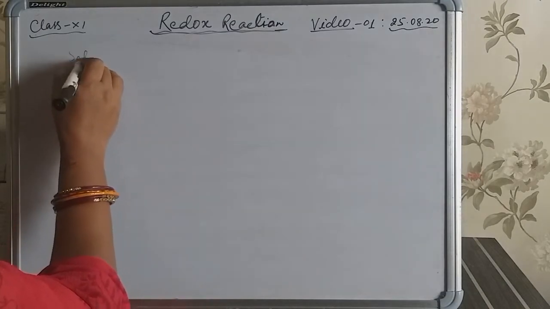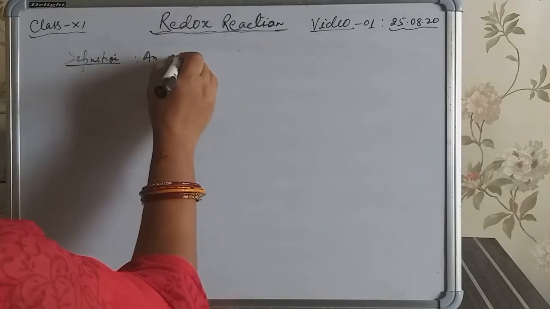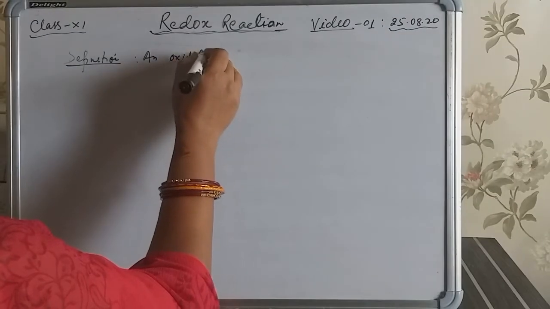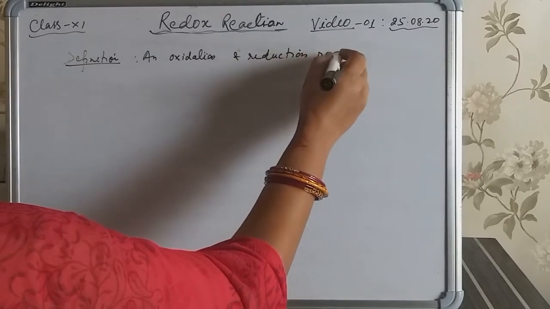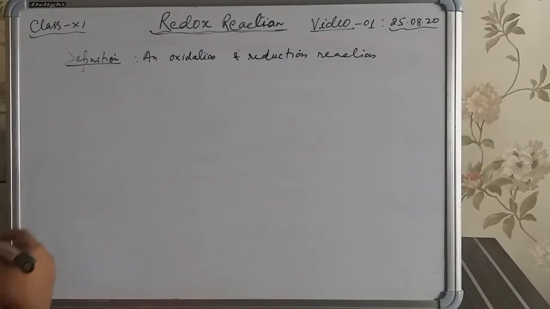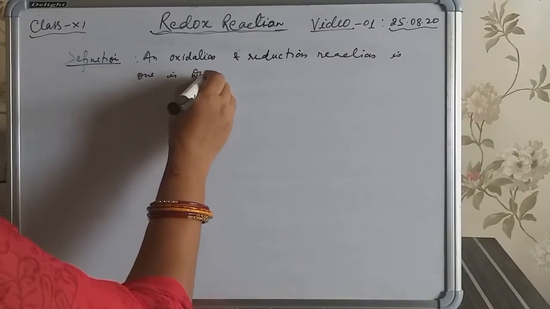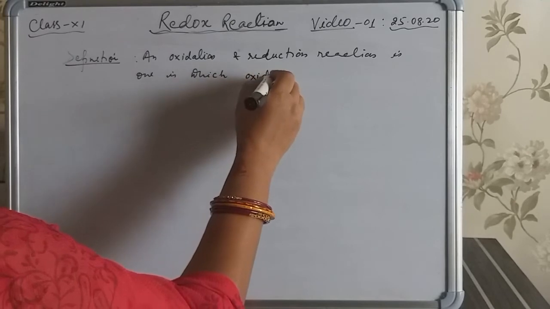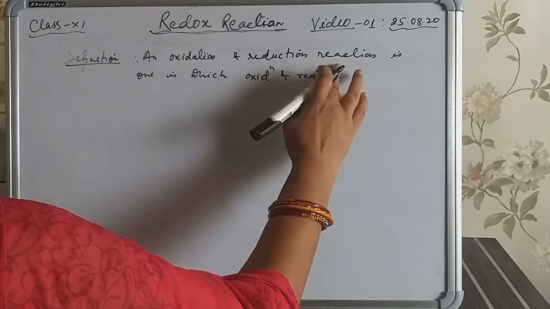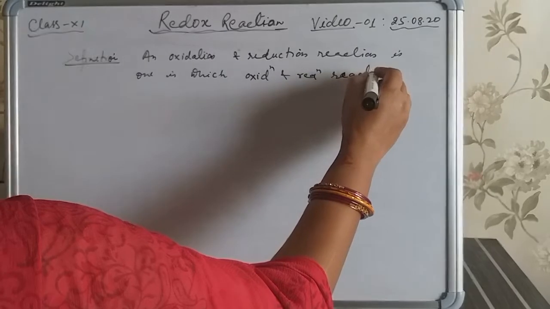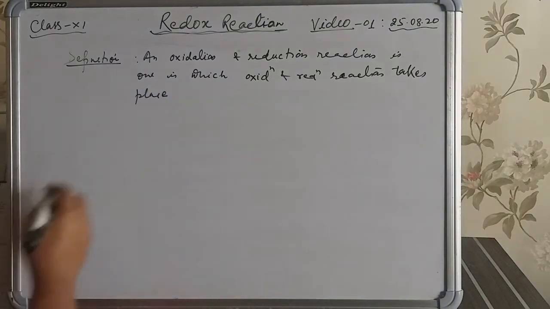Very simply, we know that the definition of a redox reaction, that is, an oxidation and reduction reaction, is one in which oxidation and reduction reaction takes place simultaneously.